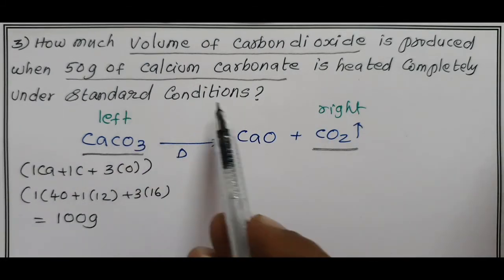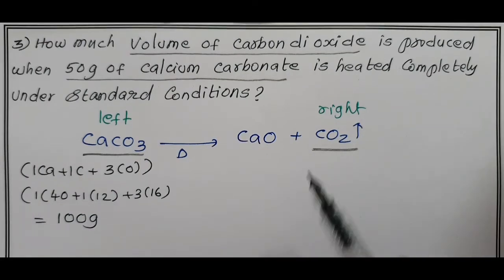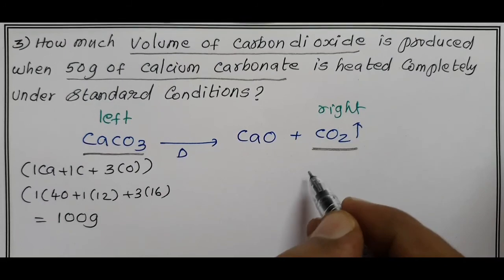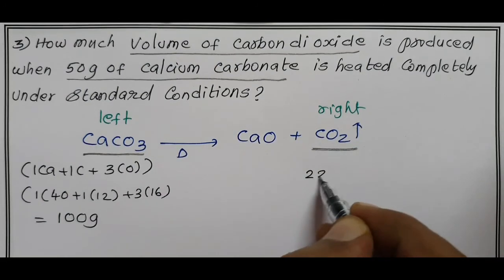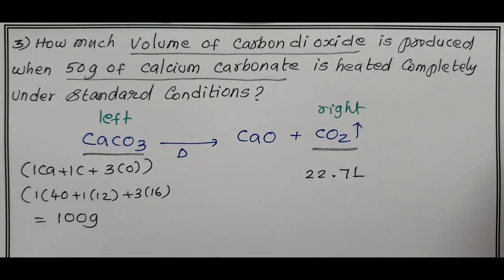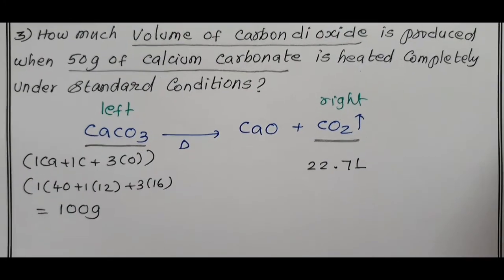The standard condition indicates that at STP, 1 mole of any gas occupies 22.7 liter. Among the number of molar volume values we have, this is one of the molar volumes, 22.7 liter. So how to write the first sentence?